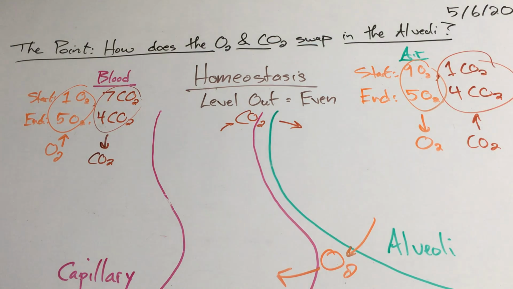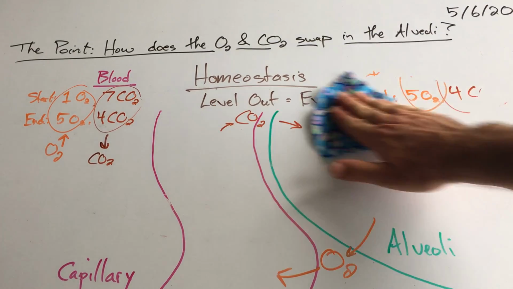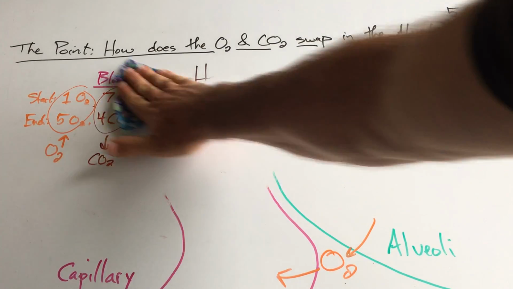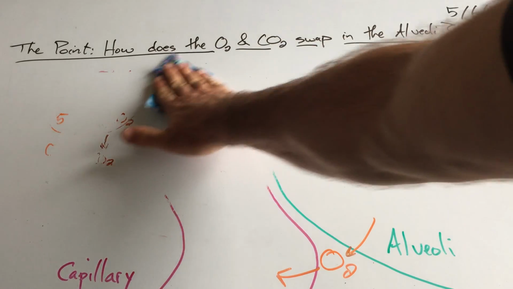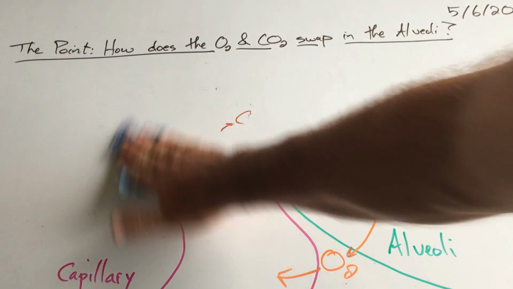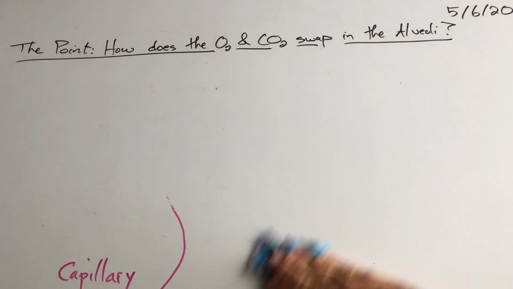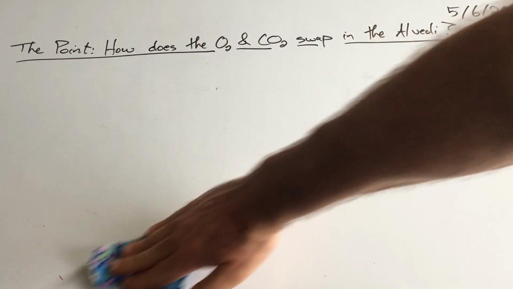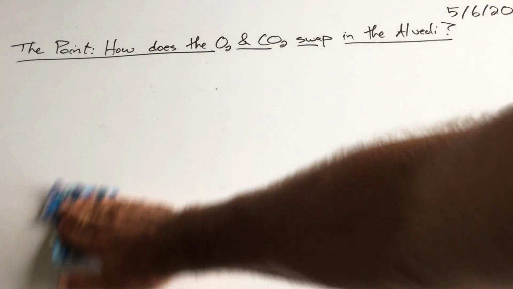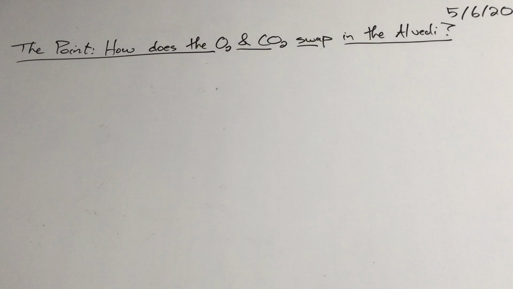So if I were going to answer the question, this is what I would write. First, let's get rid of all this craziness. Okay, so how does the oxygen and carbon dioxide swap in the alveoli?